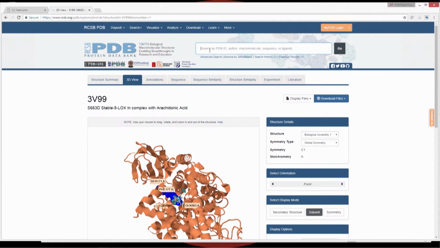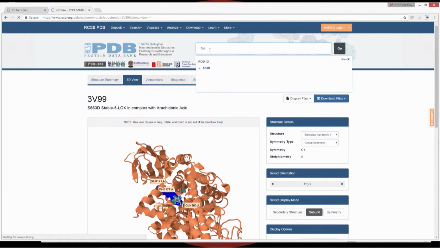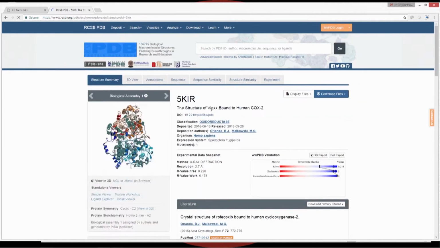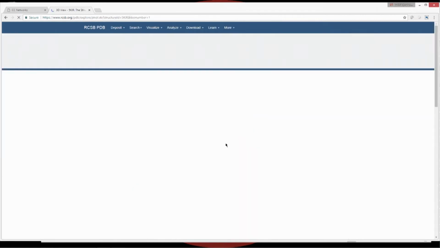This is cyclooxygenase 2, COX2, 5KIR. Okay, this is COX2, and we have the Vioxx. This is a selective cyclooxygenase 2 drug which is bound to that protein.